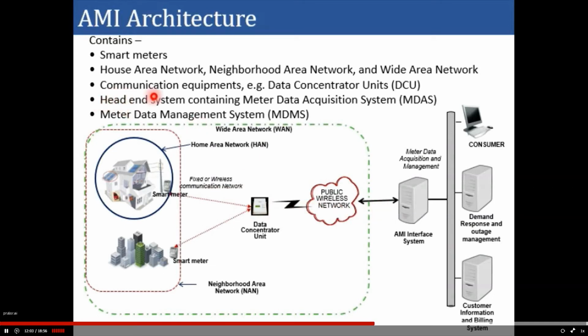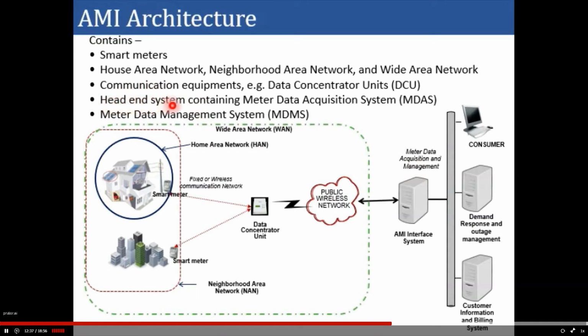Now we require various communication equipment such as data concentrator units. So you can consider them as repeaters or gateways. So they acquire data from various smart meters, concentrate the data and then send the consolidated data over the network to other AMI systems such as the meter data acquisition system or the meter data management system.